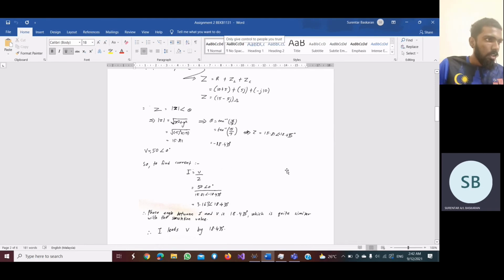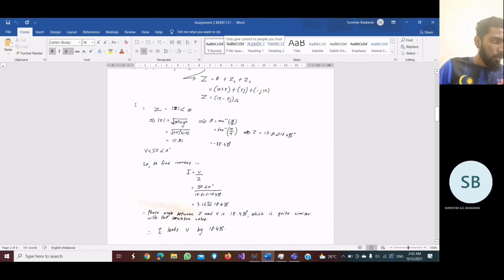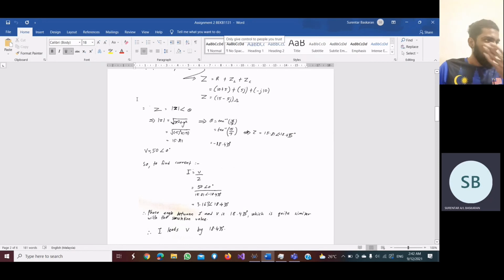To solve this value into polar form, we need to use some formulas. Actually, these are some of the basic formulas that we have learned before in secondary school. First of all, we need to find the magnitude of Z. To find that, we must use this formula.